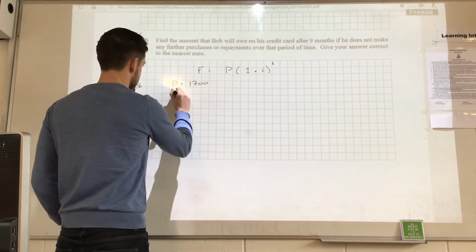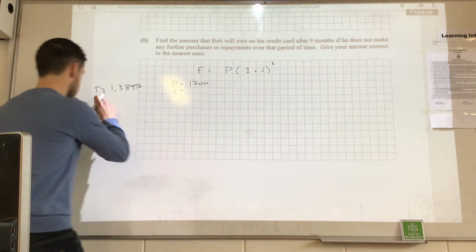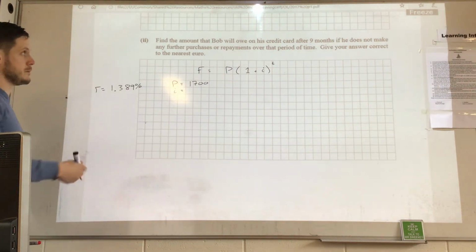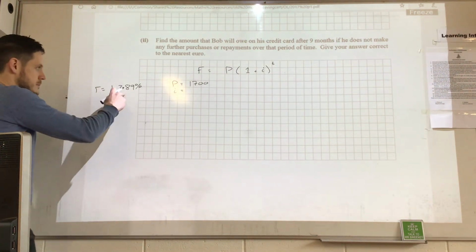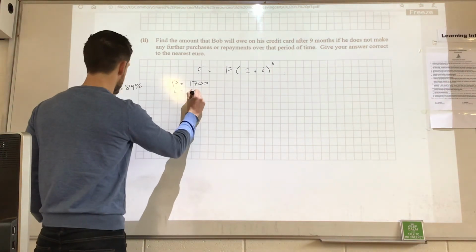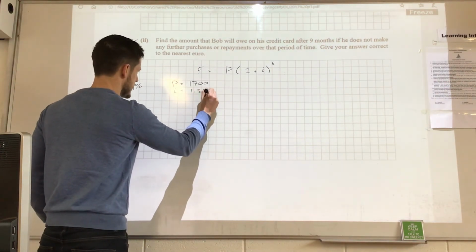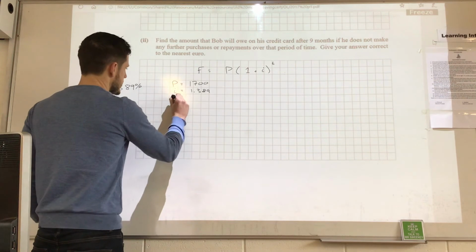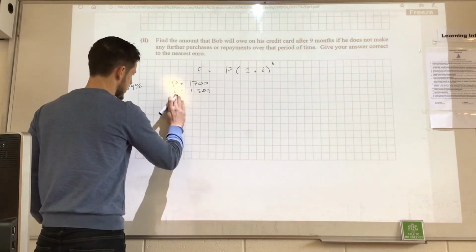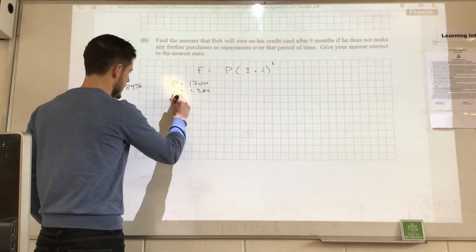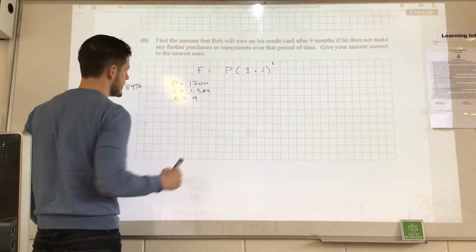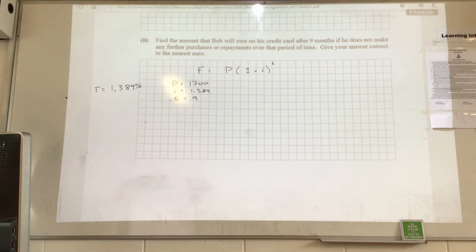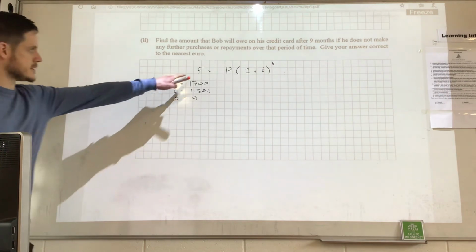I know that the interest rate is this r here. I know it's a different letter for the AER than this, but this is my interest that I pay per month, so it's 1.389. And I know that the time is 9, so it's 9 months because it's done monthly. So you can see it up there, t is 9. And I want to work out how much he's going to have to pay, which is this F here.